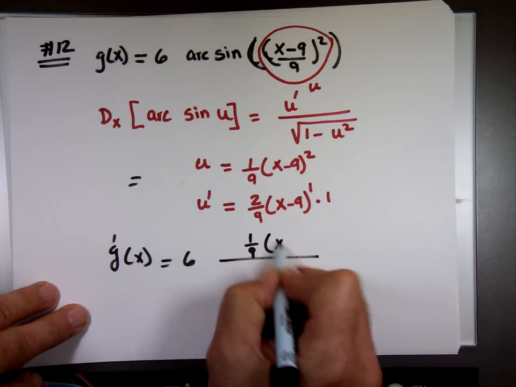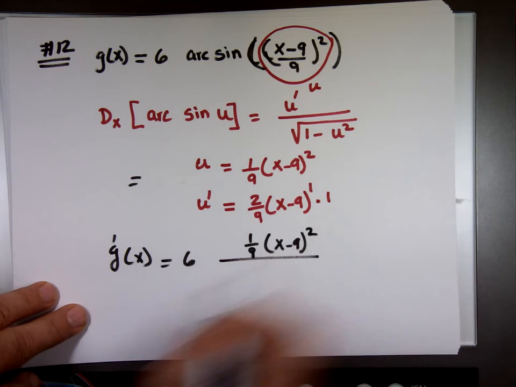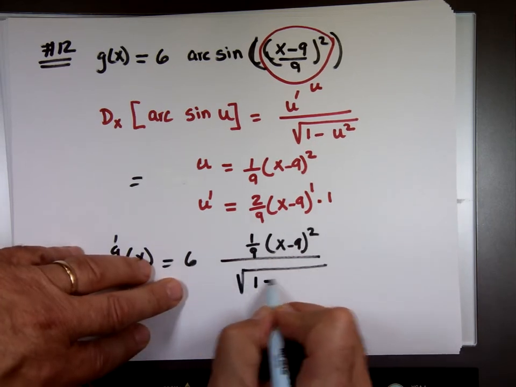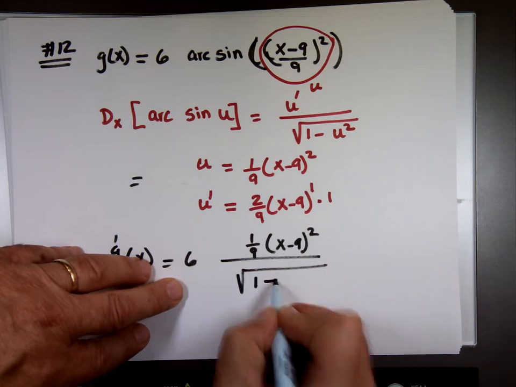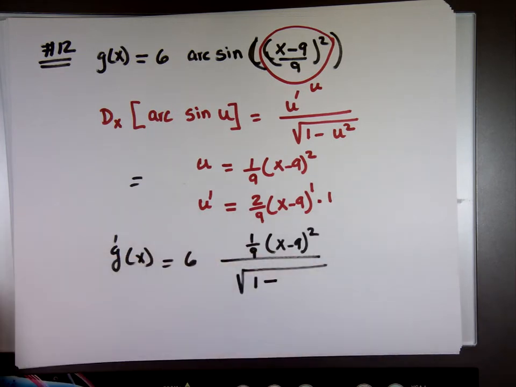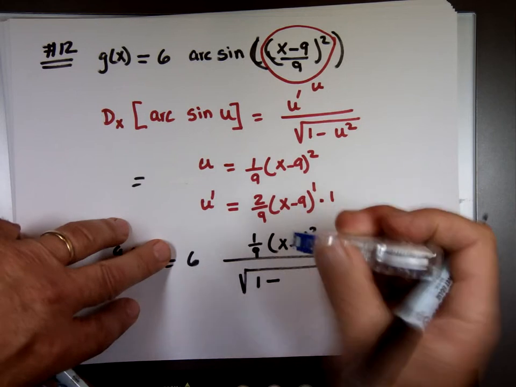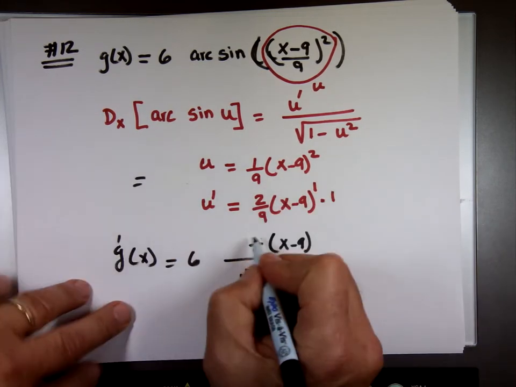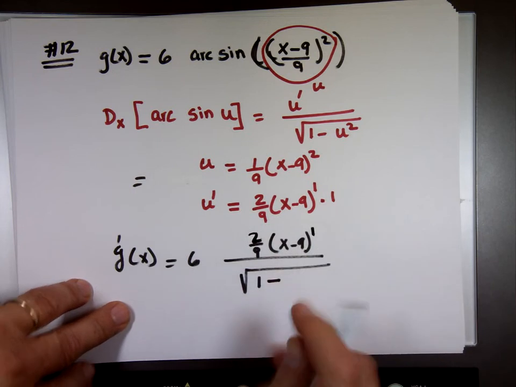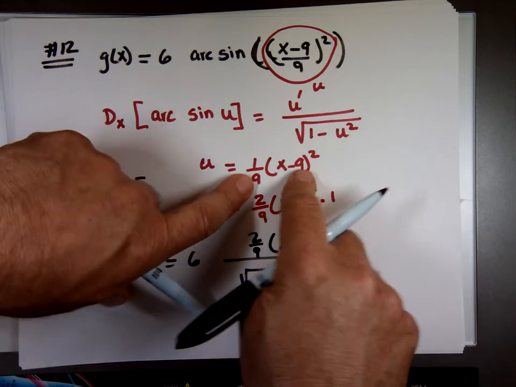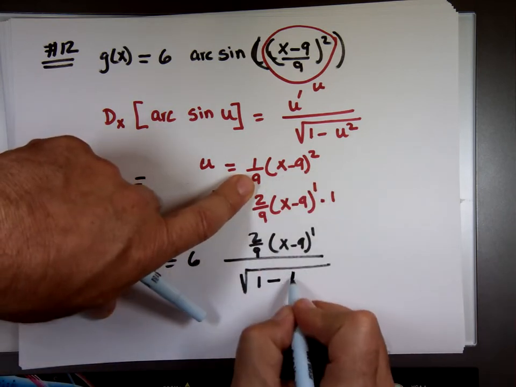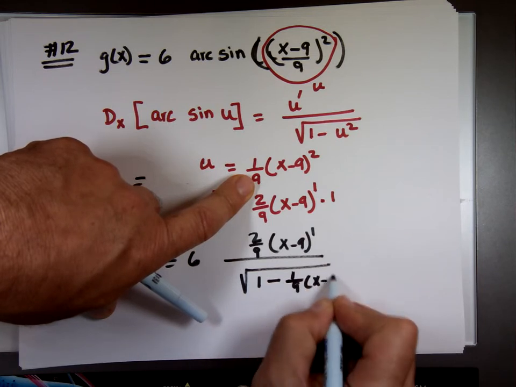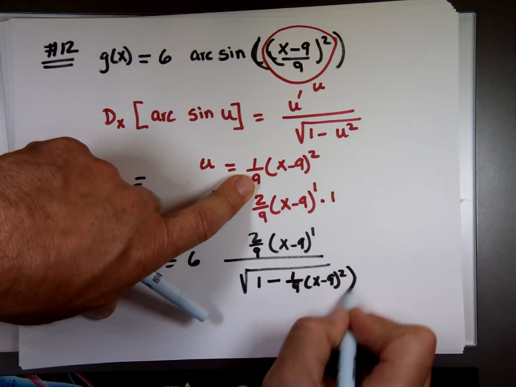over the square root of 1 minus, that's 2 over 9 here, right? I put the wrong one. And that's a 1 here. 1 minus this one squared. 1 over 9 x minus 9 squared. I've got to square the whole thing. 1 over 9, it should be 1 over 81, right?